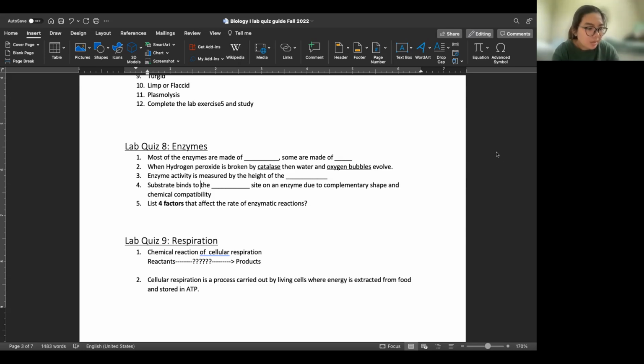Number 1, most of the enzymes are made of proteins. Some are made of RNA. Very good. Sheila? Let's see. Number 2, when hydrogen peroxide is broken by a catalyst, then water and oxygen bubbles evolve. Okay. What is catalase here? Just write it in here.